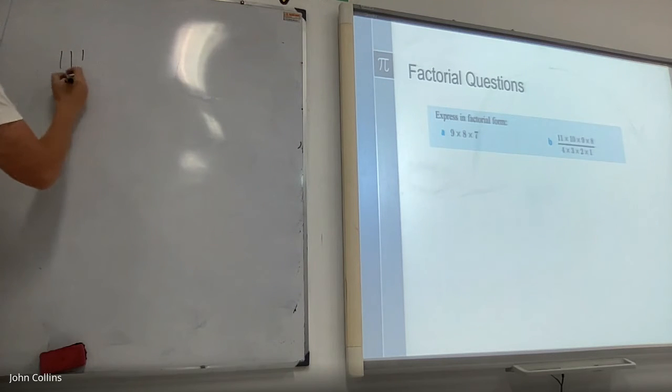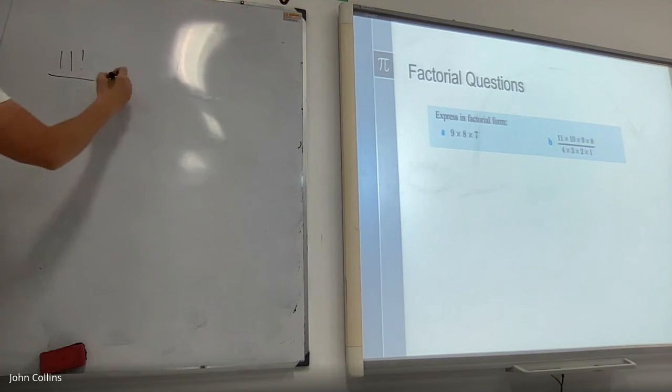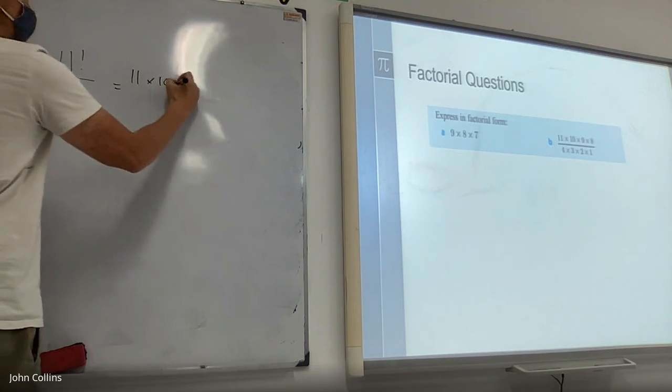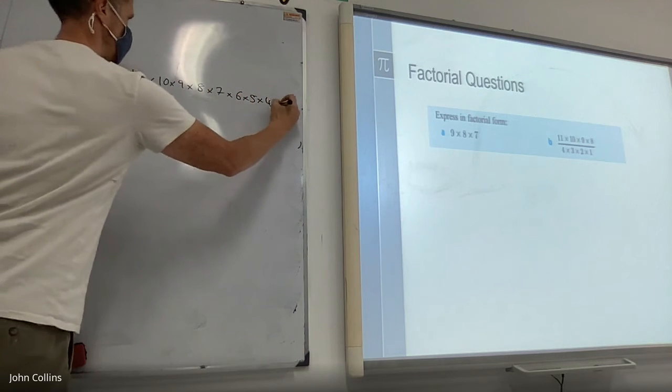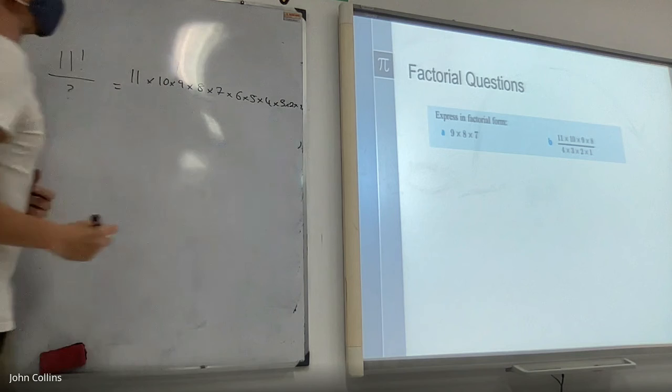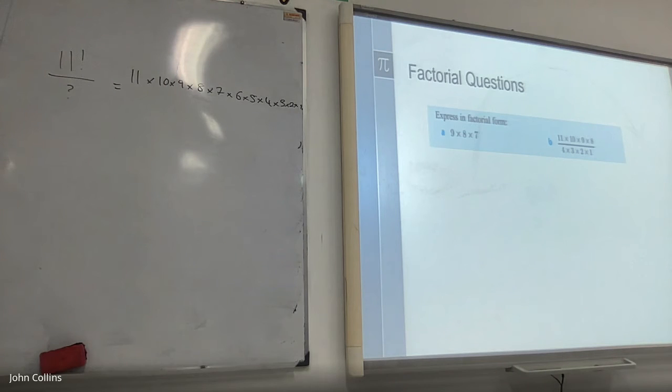11 factorial is on top. Yes. Something is on the bottom. 11 factorial is this. If I divide this by 7 factorial, what happens?